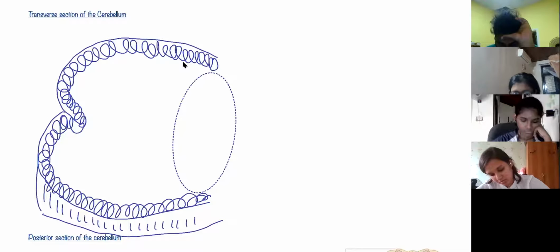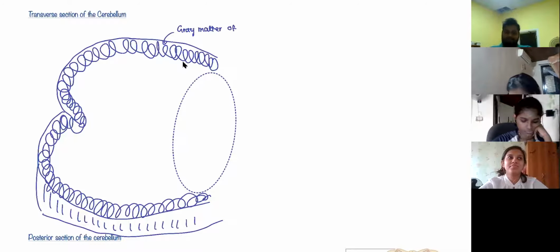So we have the gray matter. This will be the left cerebellum. This is the right cerebellum.